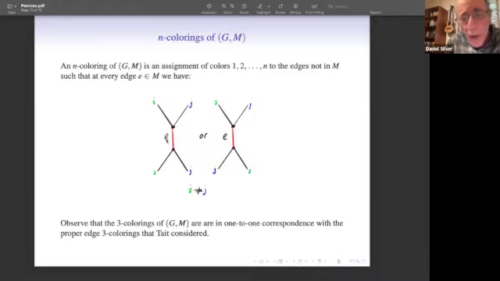And going the other way around, if I have a 3-coloring in the sense of Tait, a 3-edge coloring, then at any vertex, in particular the one I'm circling here, we'll see all 3 colors. Well, down at the bottom, I see 3 colors, but I can't use this color, so it's got to be these top 2 colors, meaning that I've got 2 colors on top, 2 colors on the bottom, and I've got a third color for the matching edge. So these are the same idea in the case of 3-colorings.